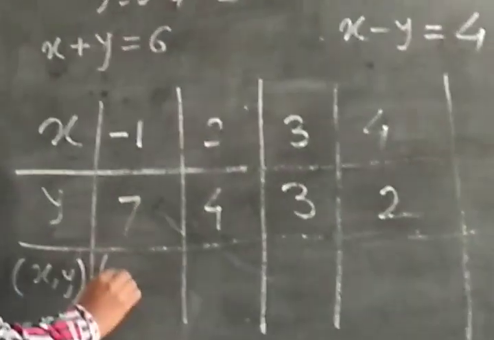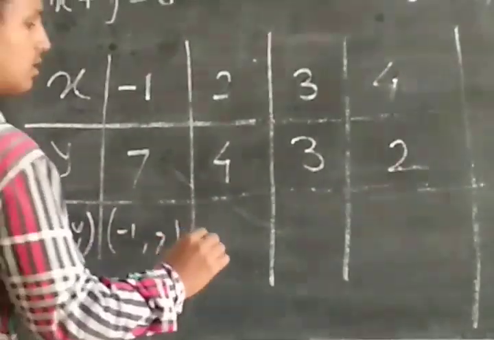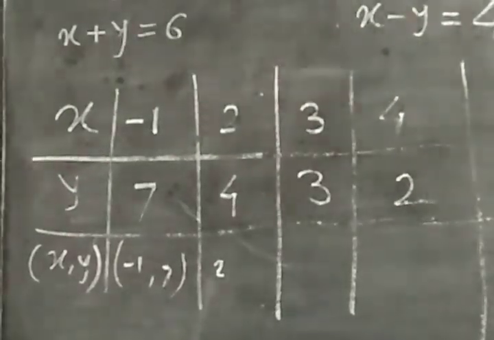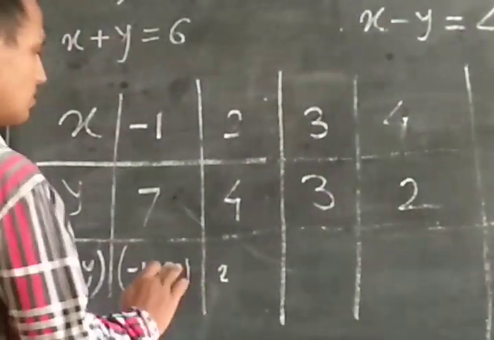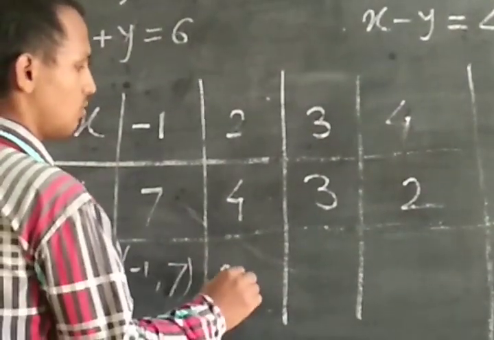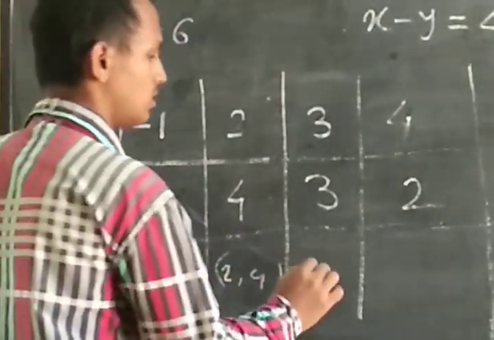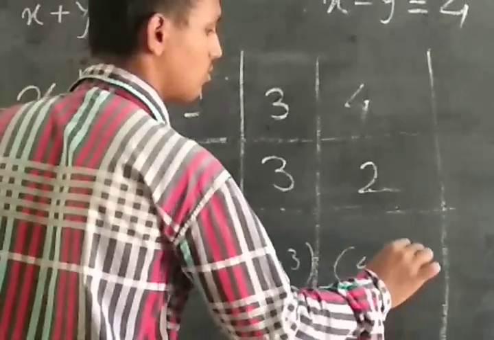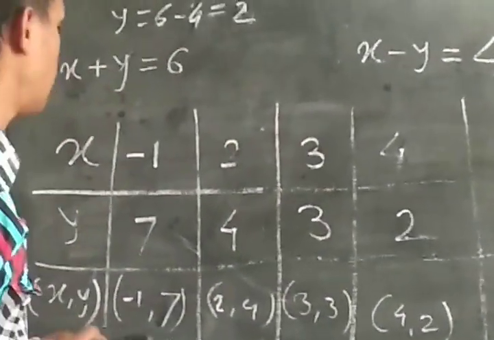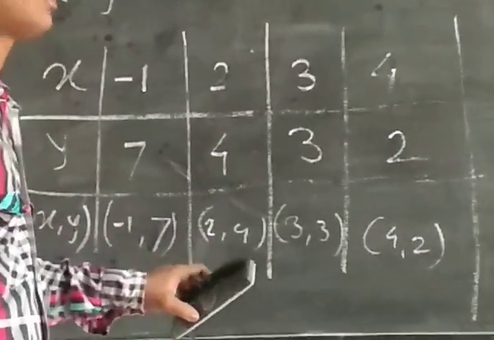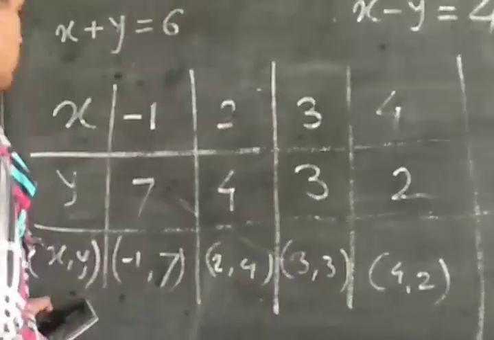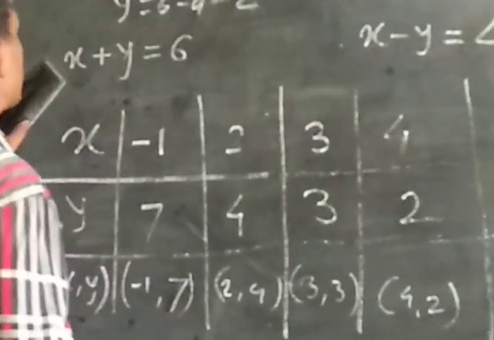Look here: (-1, 7), (2, 4), (3, 3) and (4, 2). We have to plot these points on the graph paper so that we get a line. These are the four points for this equation.